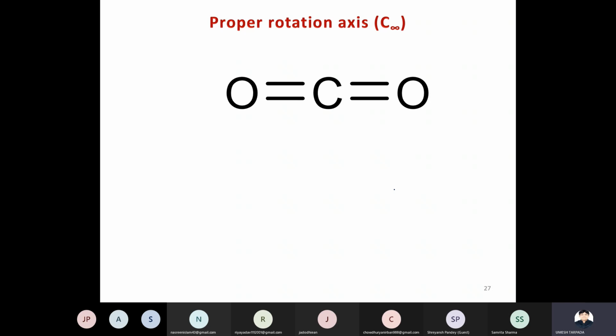Now in this molecule, you tell me the highest order axis. C2. C2 is there, which is passing through carbon, yes. Other than C2, is there any axis? Yes, sir. OCO. OCO बॉन्ड है ना वहां उसमें से पास होगी, good. उसका नेम क्या होगा?